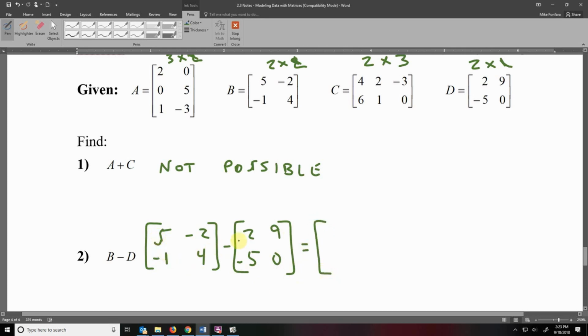Okay, so we've got 5 minus 2, negative 2 minus 9, negative 1 minus negative 5, so that's negative 1 plus 5, and 4 minus 0.